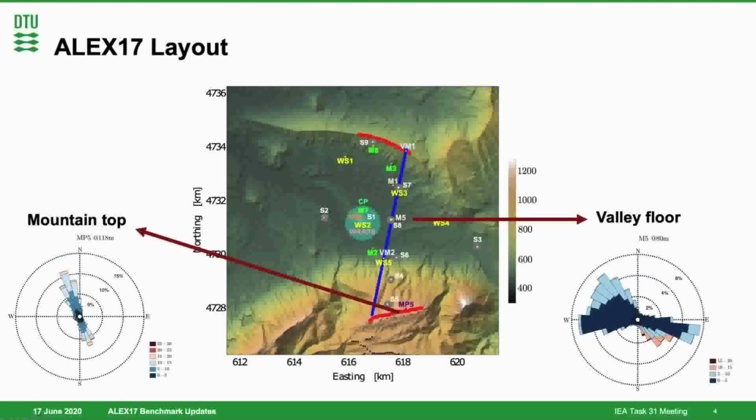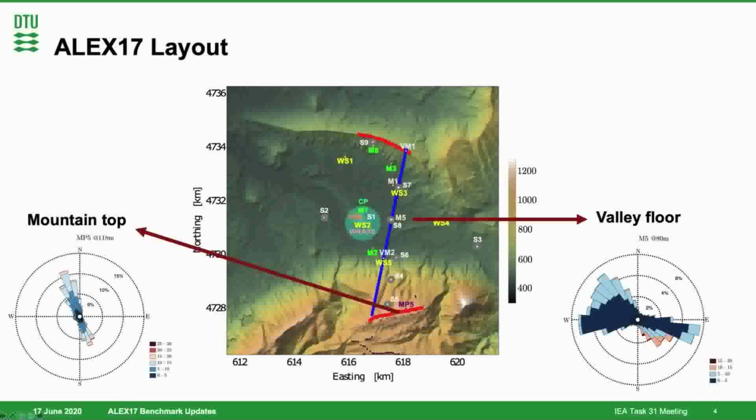Looking from the top, we can see the Alaiz mountain in the south, and the valley and the ridge with the location of all the measurement equipment that was deployed during the extensive measurement campaign. One thing that we can see is that it is a large-scale complex terrain with quite a different wind regime when we compare the mountaintop, with the wind roses on the left, with the wind regime from the valley floor in the wind roses from the right.